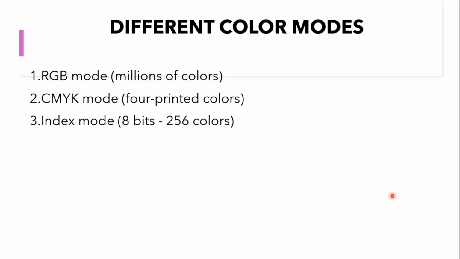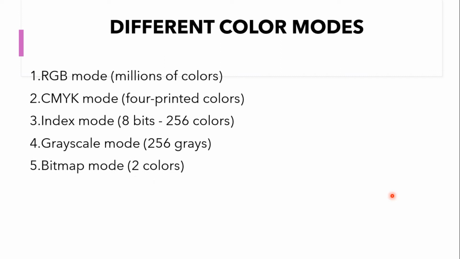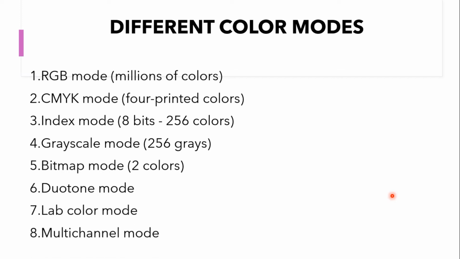Index color mode is an 8-bit color mode for 256 colors. Alright, we have grayscale mode. We talked about grayscale mode in a previous lesson. Bitmap mode, that's a 2 color combination system. We're going to also understand that in later lessons to come. Duotone mode, lab color mode, and multi-channel modes. These are the different color modes available in Photoshop.